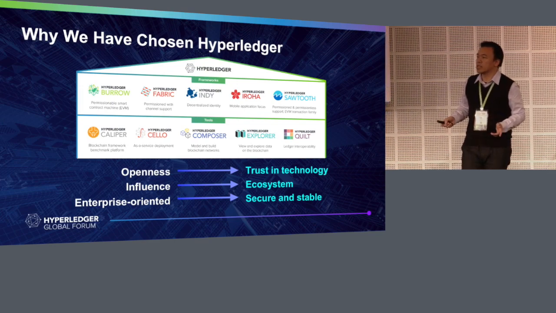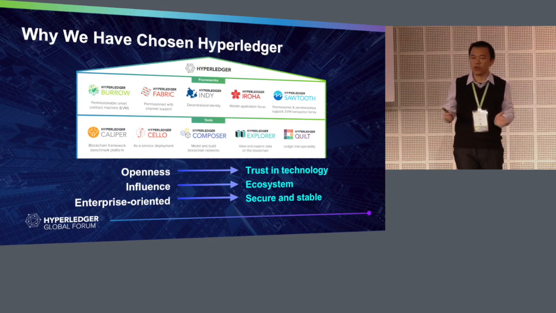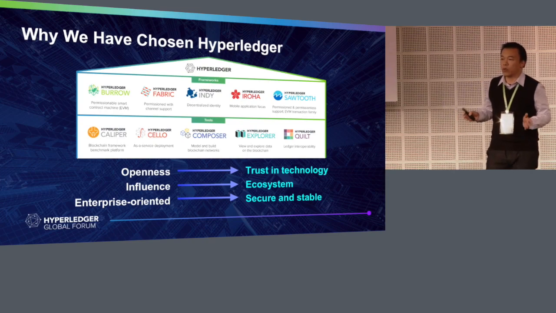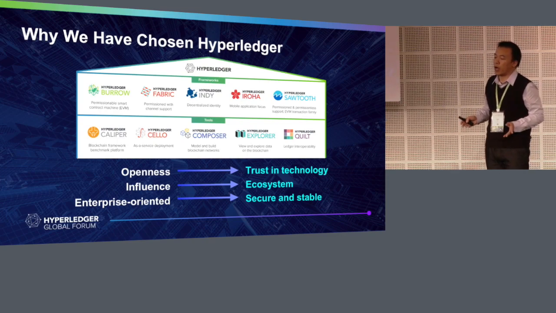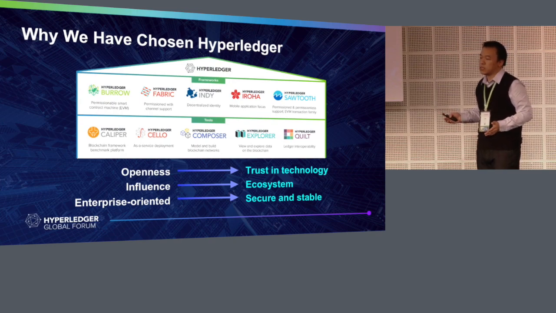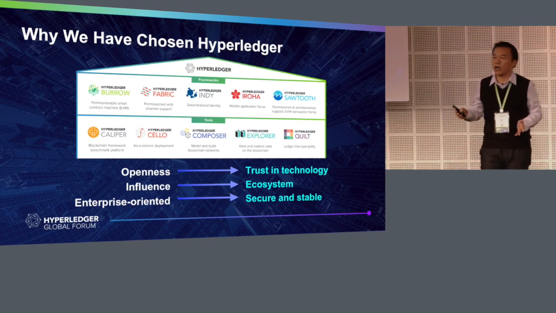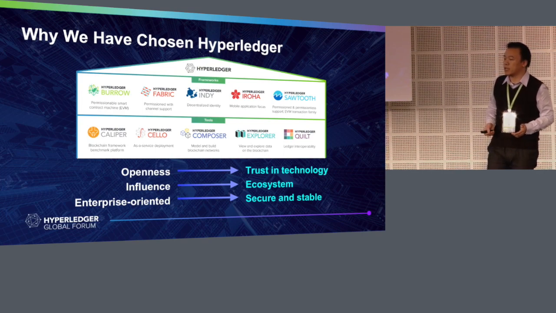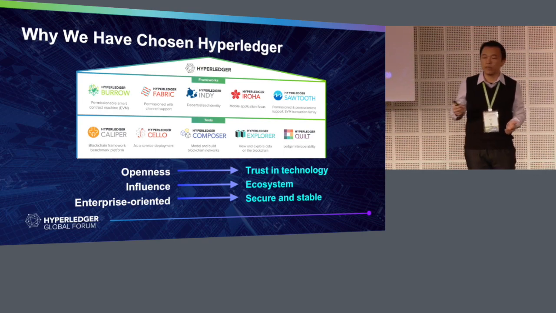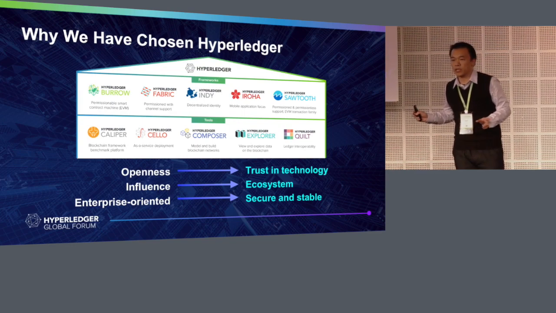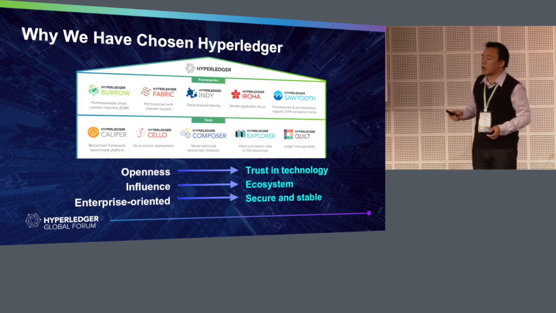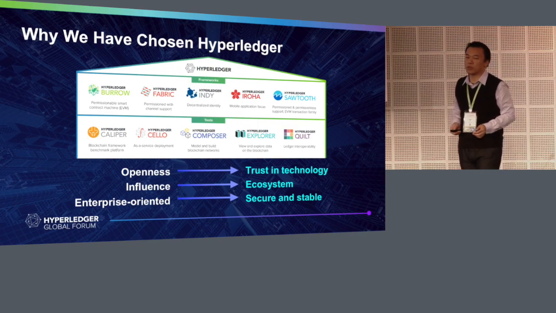And the third one is that we found Hyperledger, especially Hyperledger Fabric, was born with an enterprise-oriented design. That means from functional to architectural, it provides a very high standard of security, stability, availability, scalability, etc. So these are what our enterprise customers care about most.